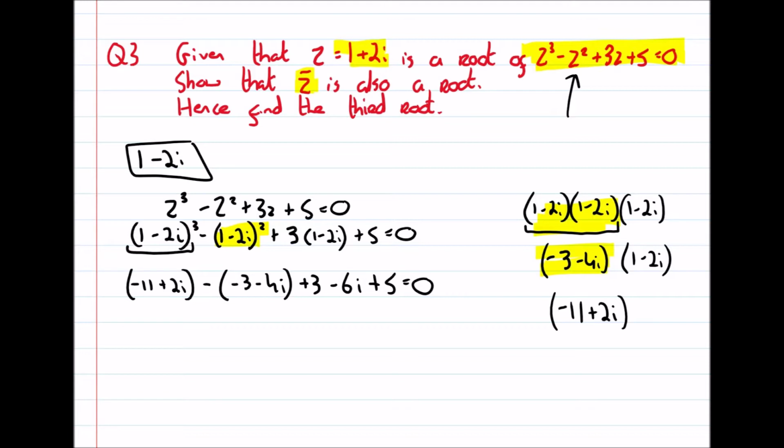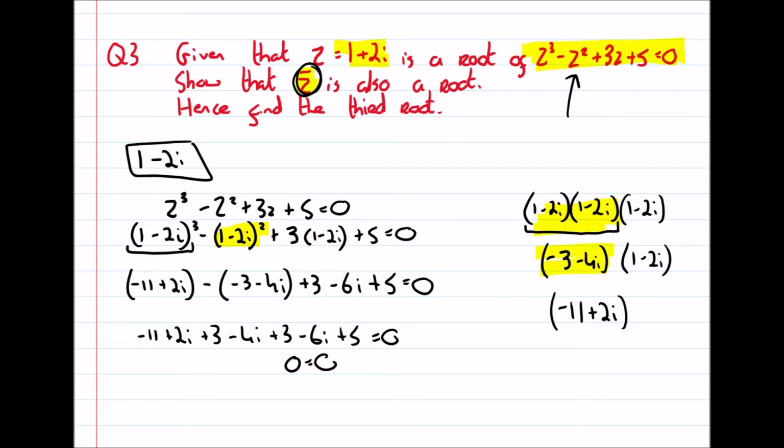Just taking everything out of the brackets, I have minus 11 plus 2i plus 3 plus 4i plus 3 minus 6i plus 5 equals 0. And if I simplify all that, I would get 0 equals 0. So yes, that is a root.